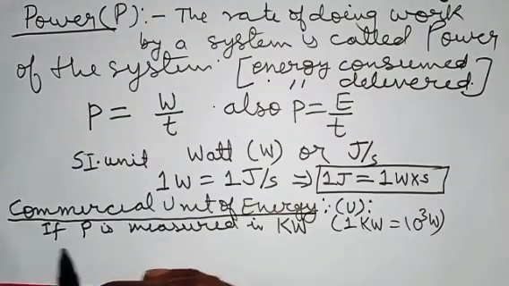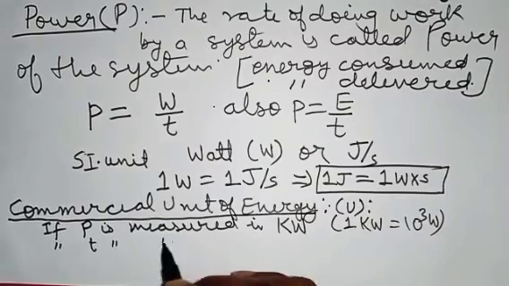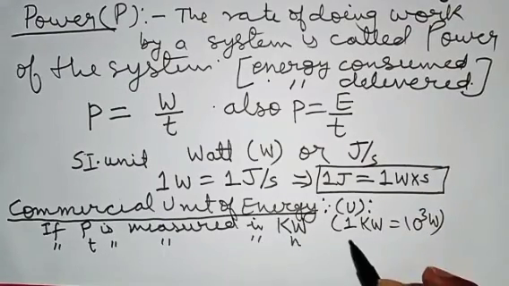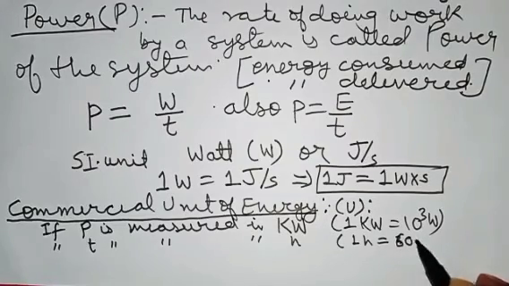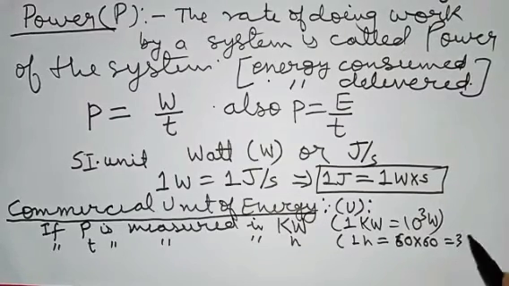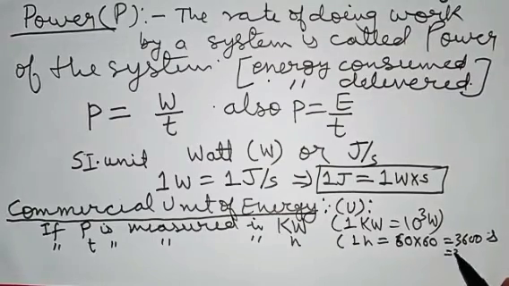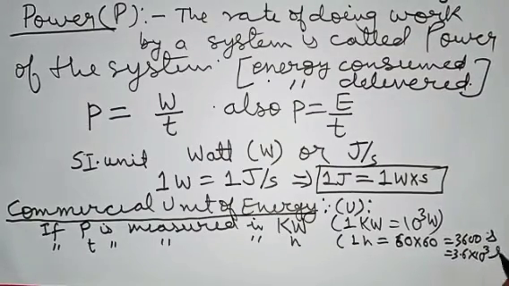And if time is measured in hour, and we know that 1 hour equal to 60 into 60, that is 3600 seconds, or we can say 3.6 into 10 to the power 3 seconds.